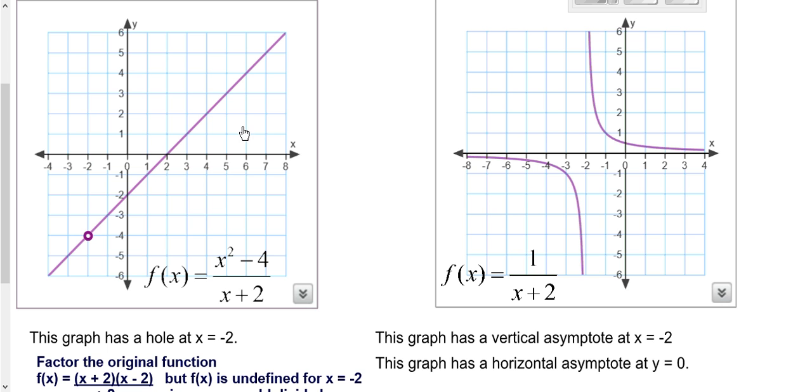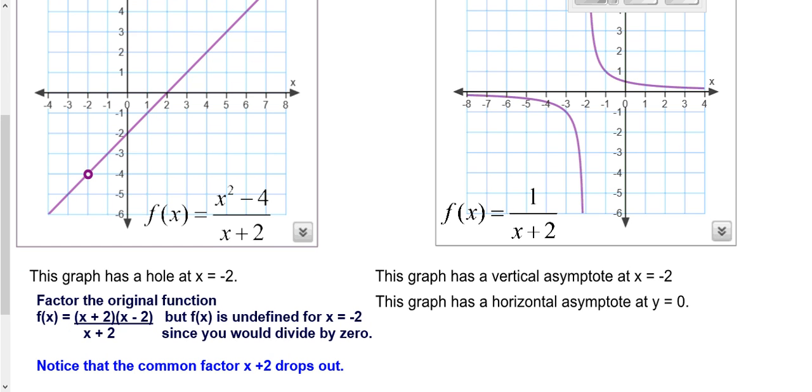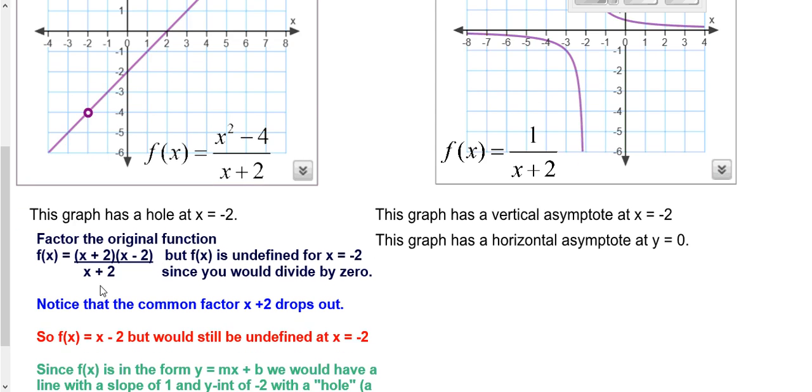Over here on the left, it kind of looks like a straight line just with a hole in it. Well, if you factor the top, it's really a difference of squares, x plus 2, x minus 2. You'll notice that x plus 2 shows up top and bottom. That's your common factor. So you look at what causes that common factor to be 0, and that's negative 2. So you're going to have a hole in your graph at negative 2.